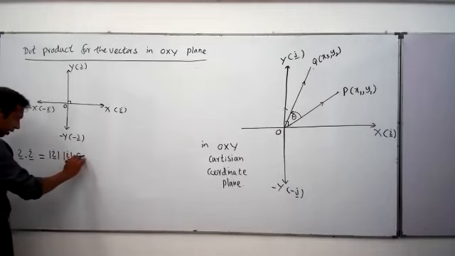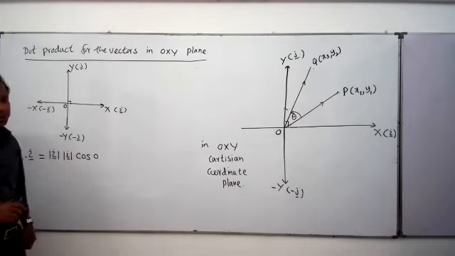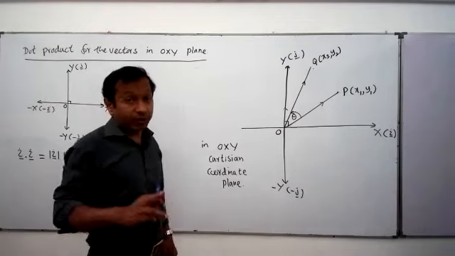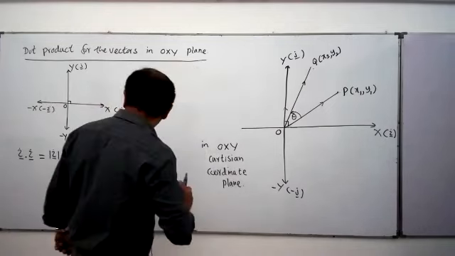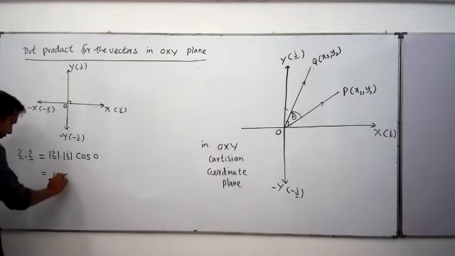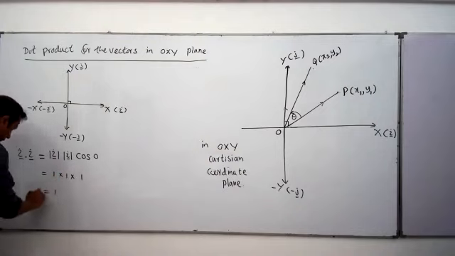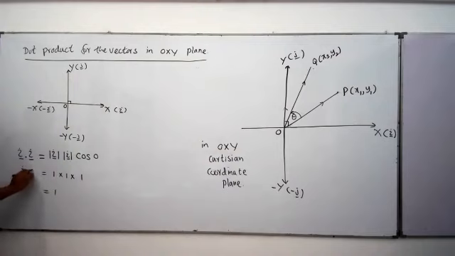Between i and i the angle is 0, therefore we get cos 0. i is the unit vector along the x-axis, so its modulus is 1. So 1 multiplied by 1, and cos 0 is also 1. Then i dot i is 1.